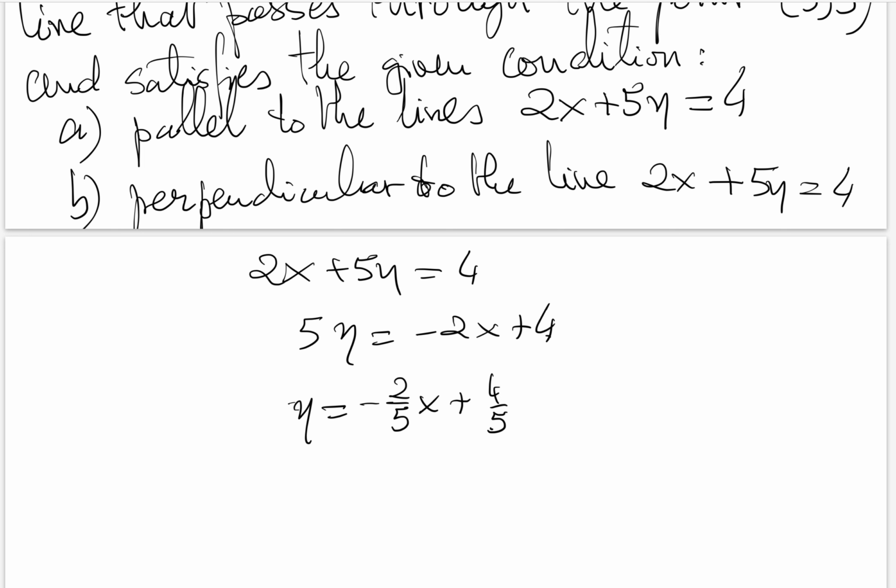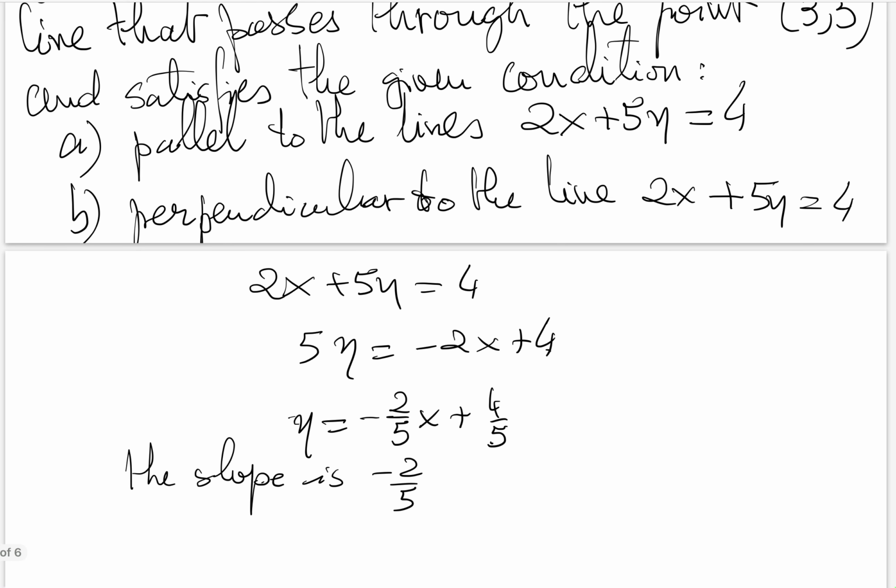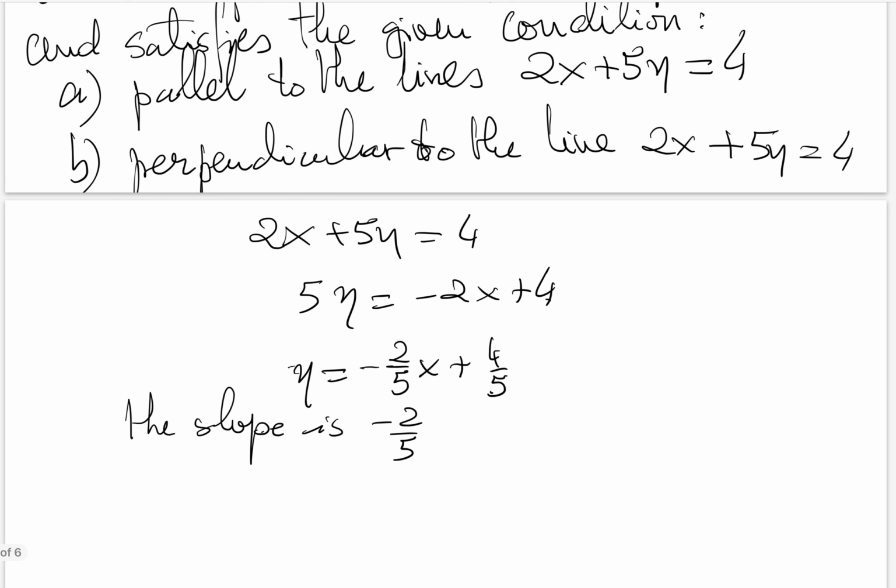Okay, you have the equation which looks like this. So here you can tell the slope. The slope is negative 2 over 5. That's it. Now if you look at the second one, which is B, it will be the same thing. So the first one and the second one are parallel. Got it?